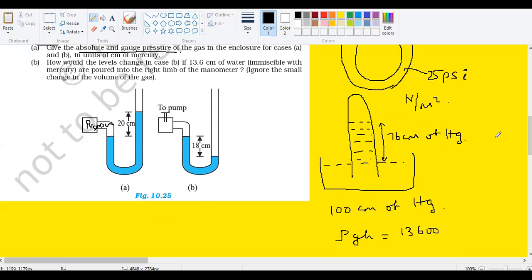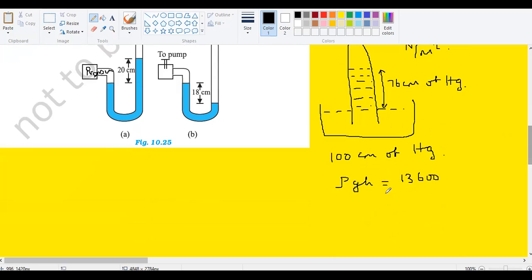If you are not knowing that, then you are not studying fluid mechanics properly. G is 9.8, or 10 approximately. H is 100 centimeter, so 100 divided by 100 to convert it to meters. So 100 cancels, and I'll be getting 13,600 into 10, with this much of Pascal or Newton per meter square.